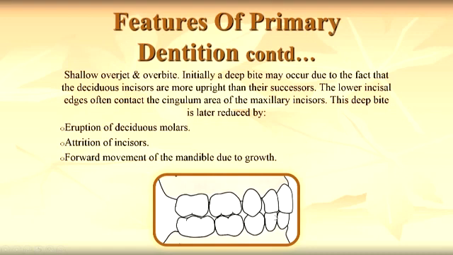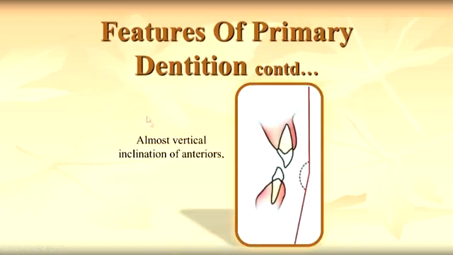The lower incisal edge is within the cingulum area of the maxillary incisor. The deep bite is later reduced by, first, eruption of the deciduous molars; second, attrition of the incisors; third, forward movement of the mandible during growth.